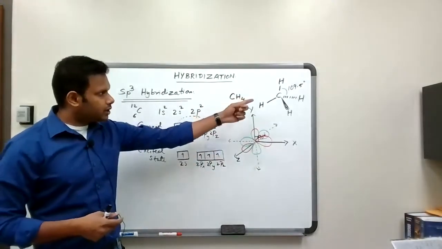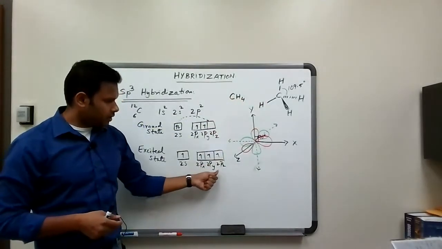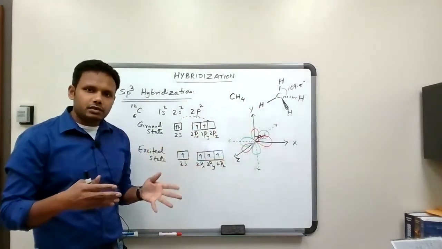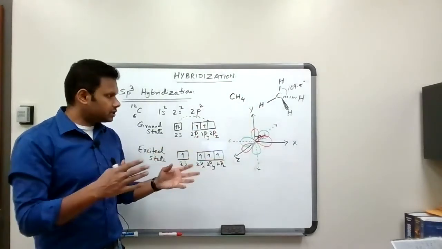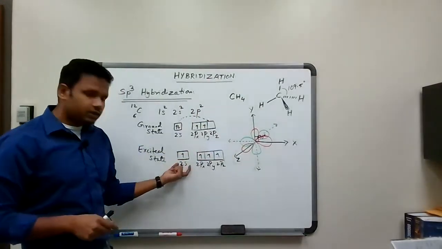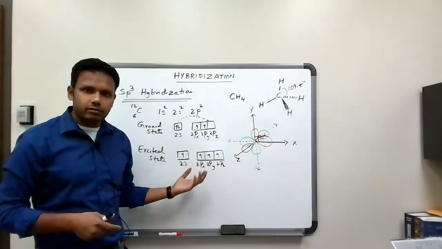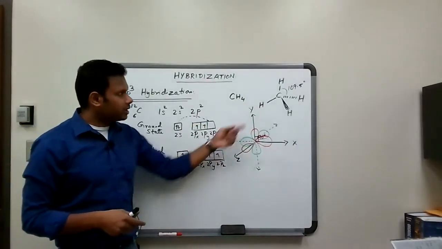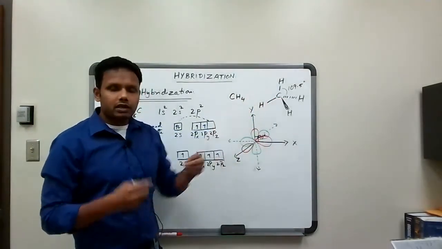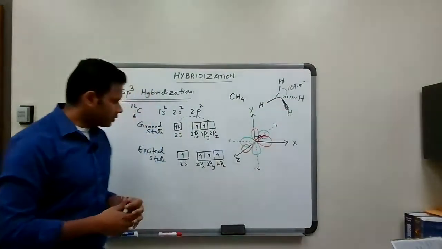Since it is using px, py, and pz orbitals, the geometry around that carbon should have 90-degree bond angles, right? And then we have a 2s orbital, which is very different. These orbitals are not even of the same energy, which means the bond lengths cannot be the same, because the bond lengths are determined by the orbitals that are used.